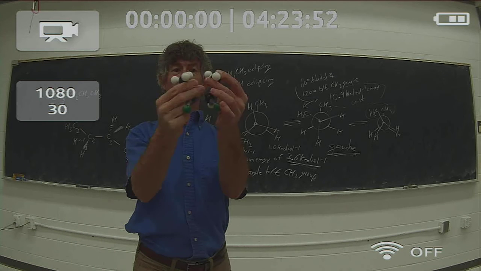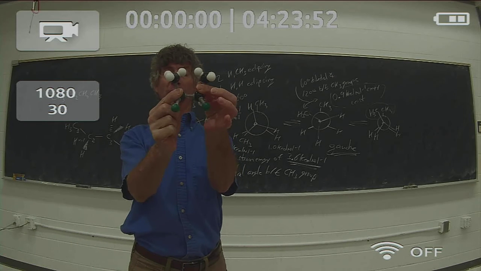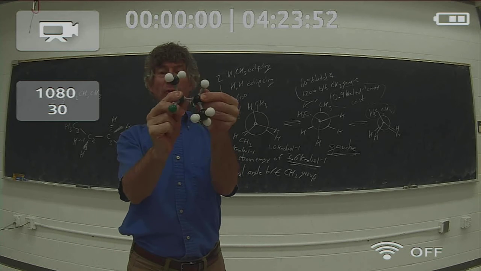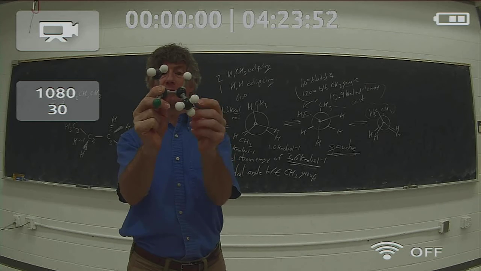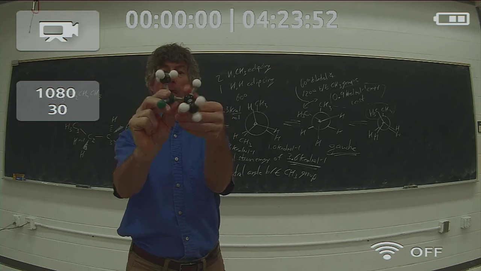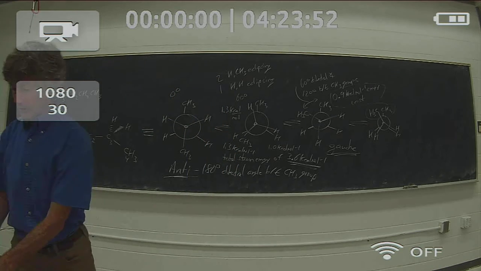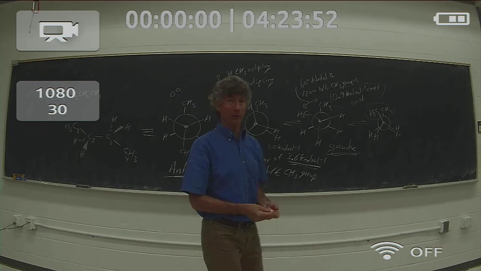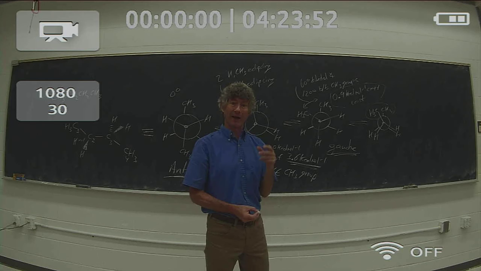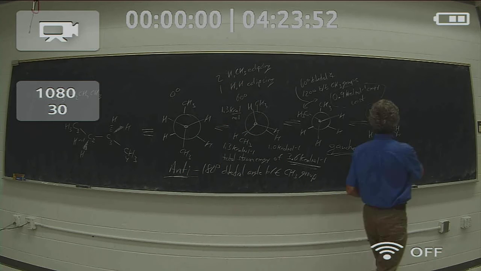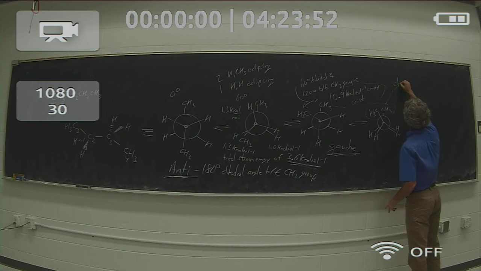There's significantly more strain associated with the two methyl groups eclipsed with each other than there would be for a methyl group eclipsed with a hydrogen or a hydrogen eclipsed with a hydrogen. You'll see that those are actually passing quite close to each other. In fact, not only are they passing close to each other, their electron clouds are trying to pass through each other. And that is a different form of strain that we call a steric strain.